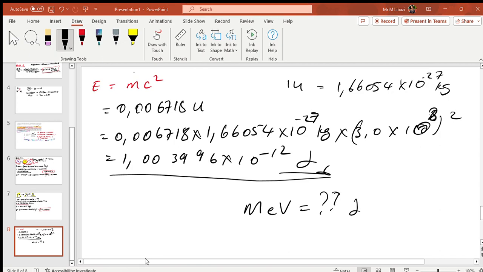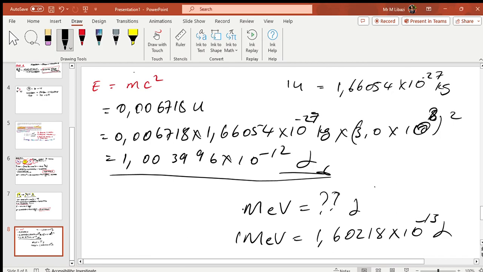If you search electron volt to joule, 1 mega electron volt is equal to 1.60218 times 10 to the minus 13 joules.